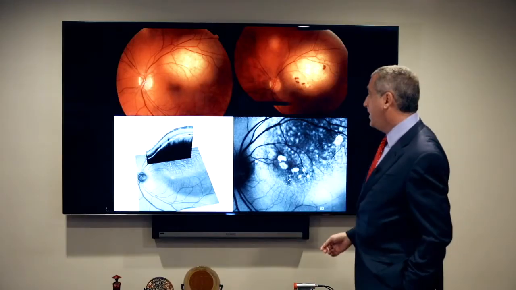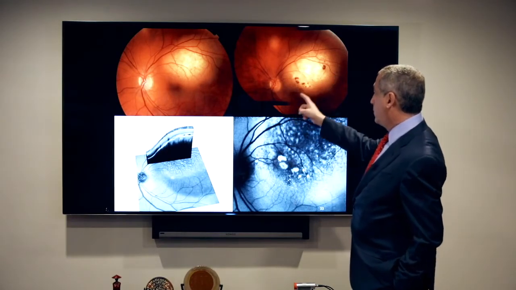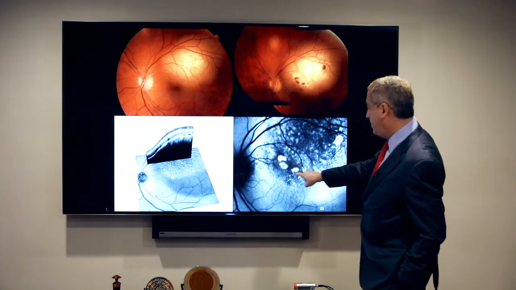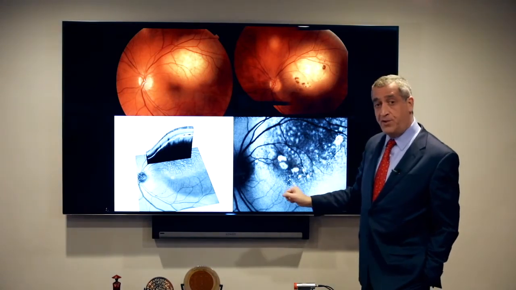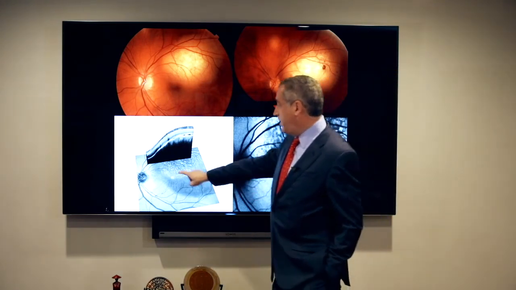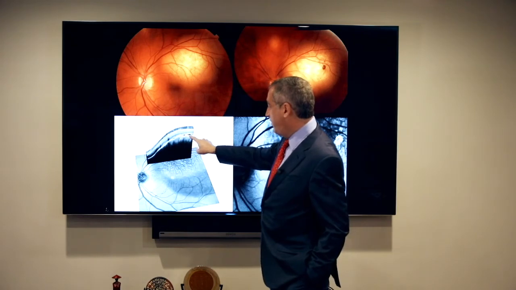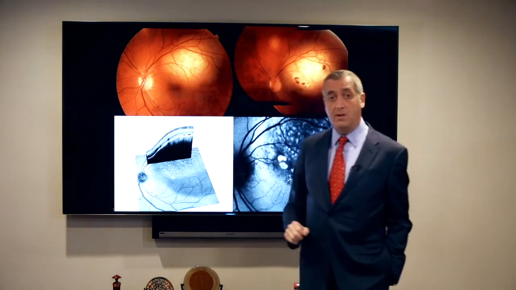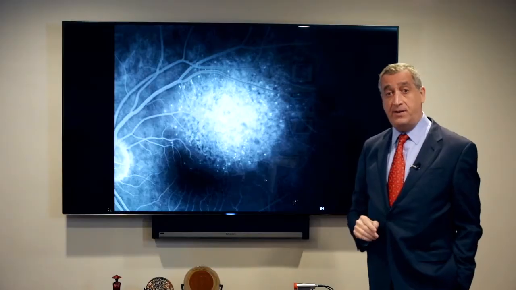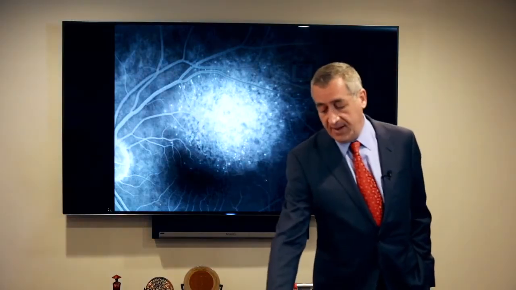So here we have an example of the tumor growing, consuming the RPE and causing these islands that light up with fundus autofluorescence imaging, just like a metastasis, because that's what it is. And you can see on the OCT this wavy surface with subretinal fluid. On the angiogram, we see lots of little dot-like microaneurysms associated with the metastasis.